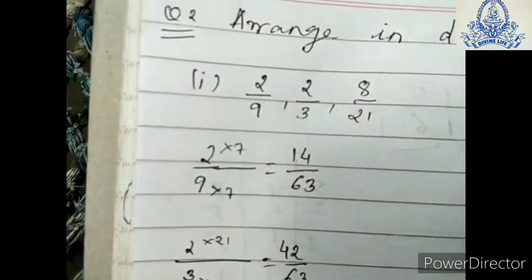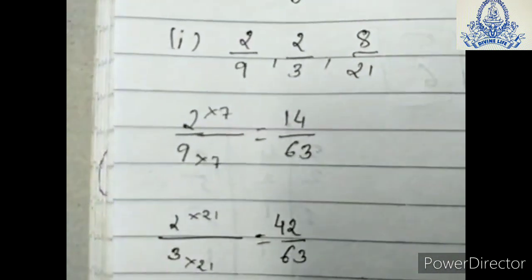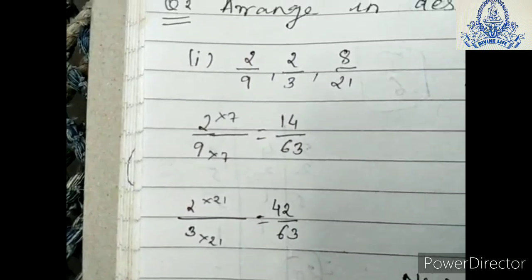Your LCM is 63. So according to the LCM 63, we will make these three numbers, 2 upon 9, 2 upon 3 and 8 upon 21, similar with denominator 63. See, here 2 upon 9: in 9's table, 9 7s are 63 is coming.